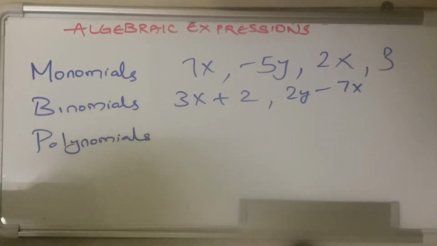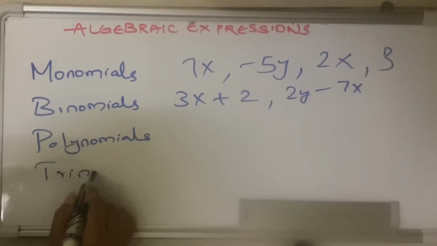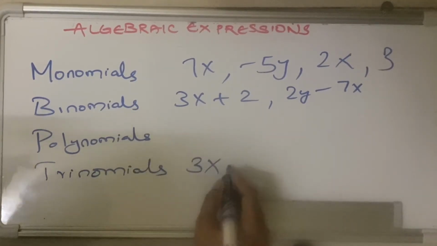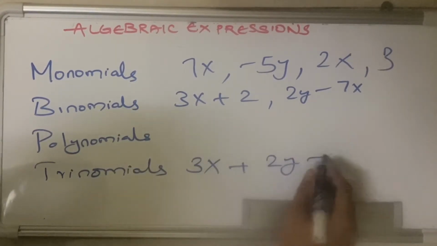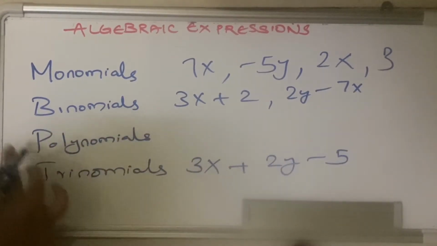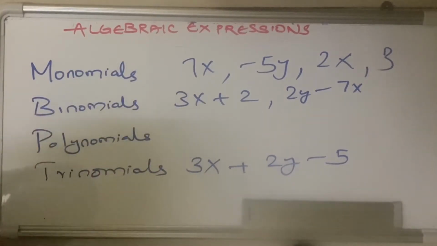And polynomial is the common term we use in order to denote any of these different expressions. And we have trinomials as well. Trinomial means you have three terms in it, like 3x plus 2y minus 5. This is an example of a trinomial. Polynomial is the general name that you use to represent these kinds of expressions.